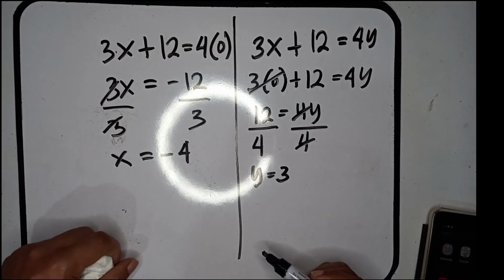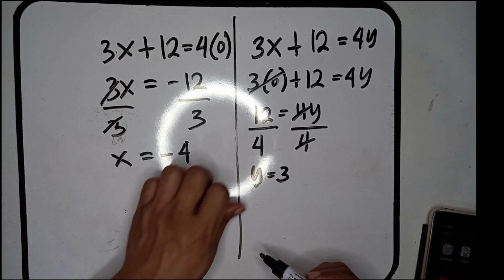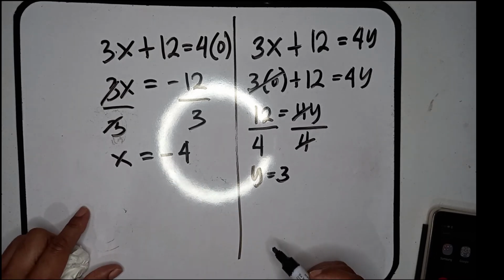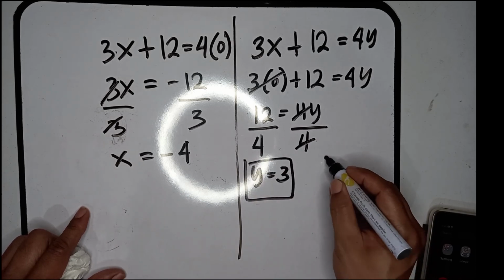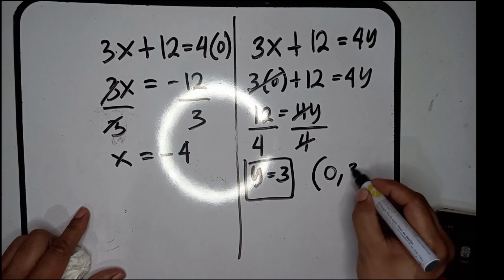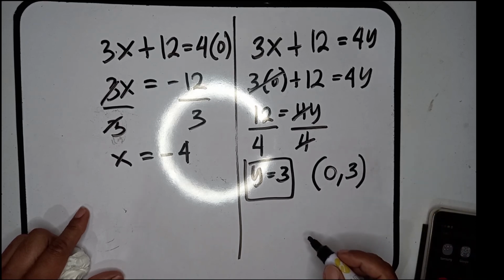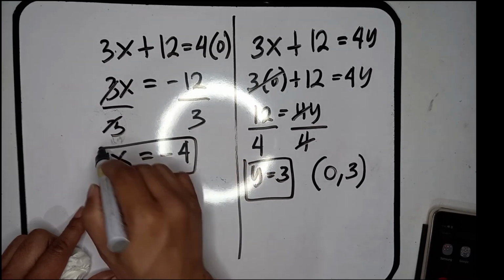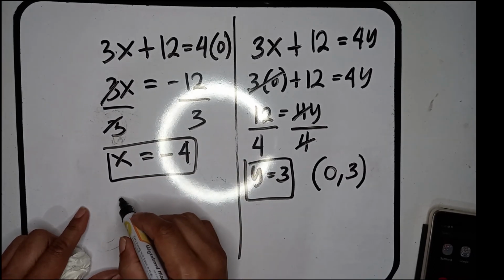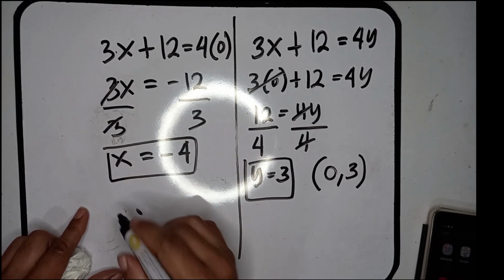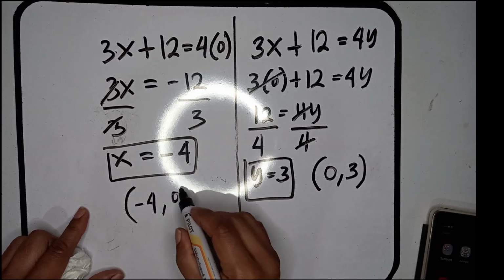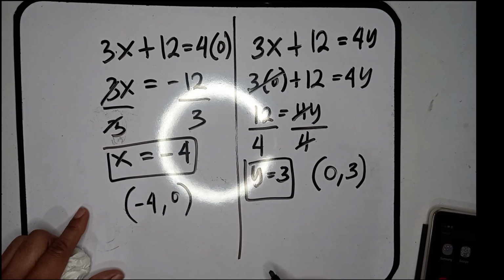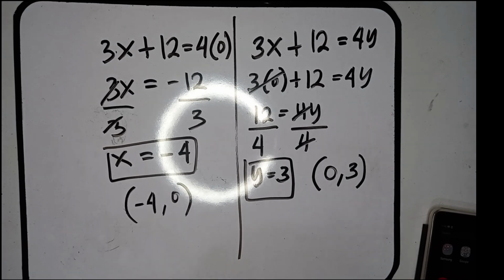Okay, so the definition of our 2 points are the following. For this part, our x is 0, and that means our y is 3, and for this part, our x is negative 4 because we have 0 for our y. Okay, there you go. Then you can now start plotting this graph.